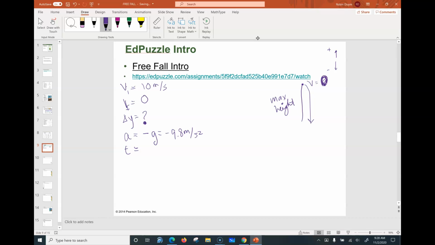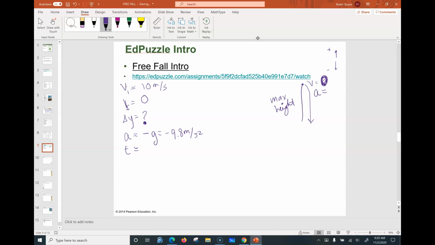So that's one type of problem: when they ask for the maximum height or how high it goes. If they give you that max height and they want to know how long it took, anything like that, whenever you think of max height, think its final velocity is equal to 0 right at that point. Now, a very, very common misconception is that the acceleration at this point is also 0. However, the acceleration is due to the force of gravity.